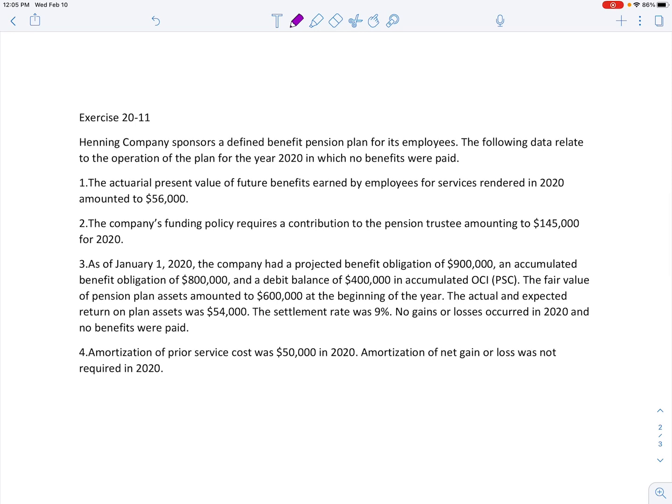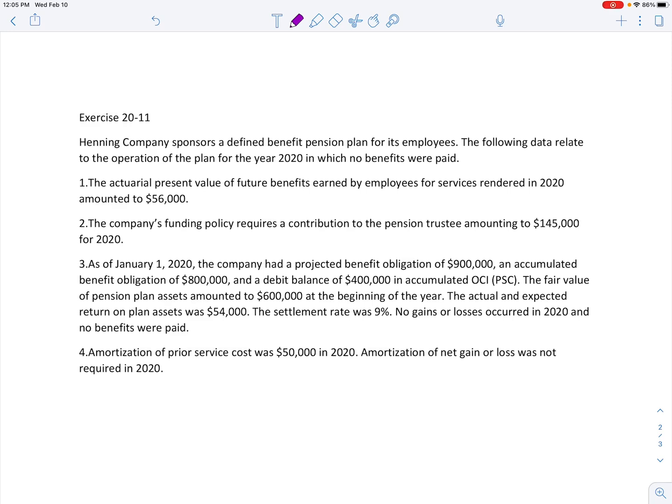In this homework problem, again, they're giving a lot of information. I kind of separated out that information, make it easier to read so that I can find what I need when I need it. So the first thing we're going to have to do before we can even do a journal entry is figure out what is our pension expense, right?